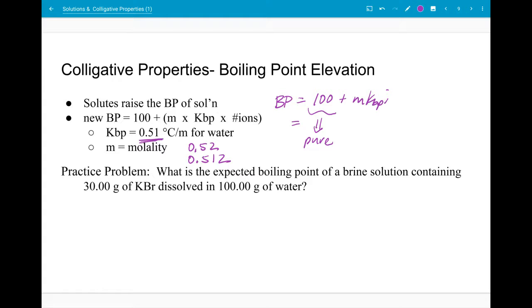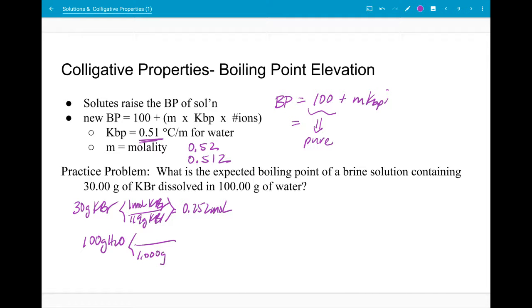So what is the expected boiling point of a brine solution containing 30 grams of KBr dissolved in 100 grams of water? Again, we're going to have to convert our grams of KBr to moles. So it's 0.252 moles. And we have 100 grams of water, so 1,000 grams in a kilogram.